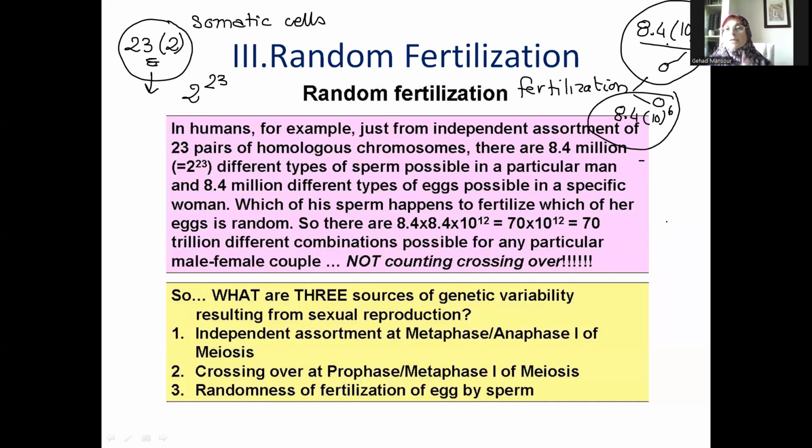What probabilities? The probabilities of the genetic makeup. So you can take pictures of 8.4 million different arrangements of the paternal and maternal chromosomes on each side of the equator in different kinds of sperms.